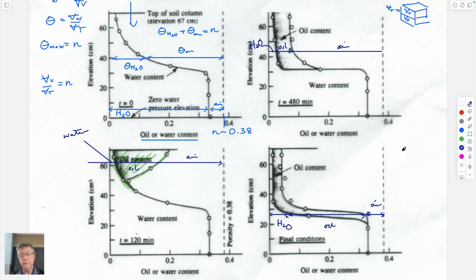And so if you drew that on our water table, this is kind of what it would look like. No, not that. Look like this.